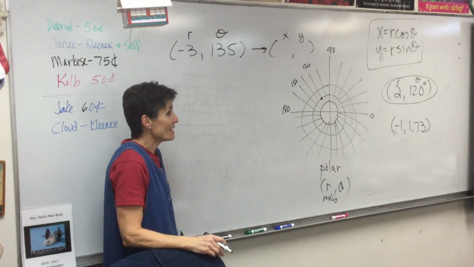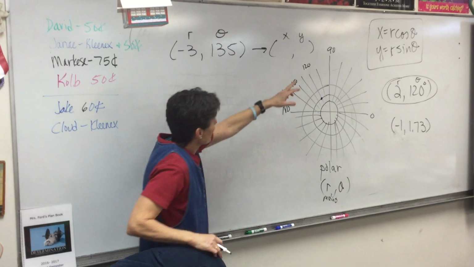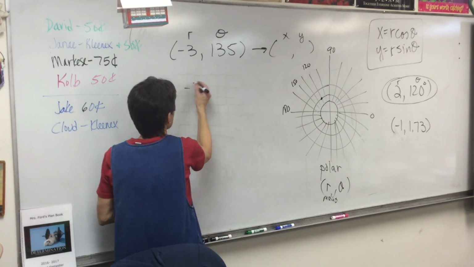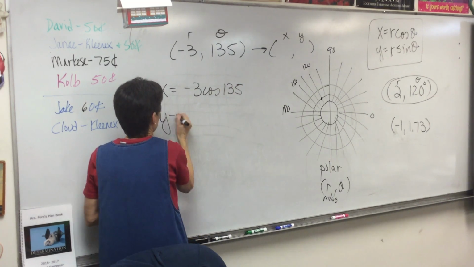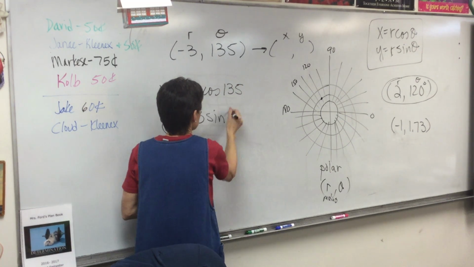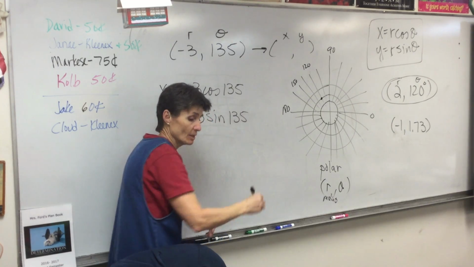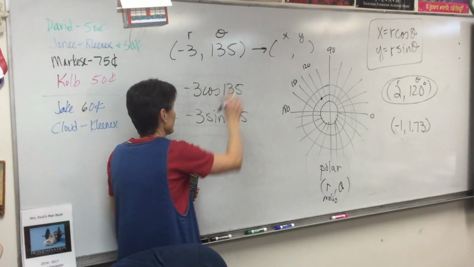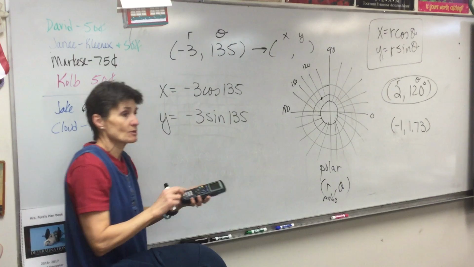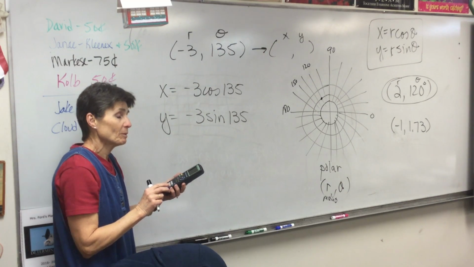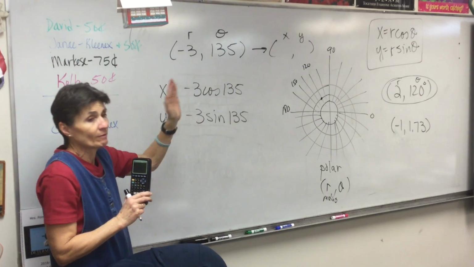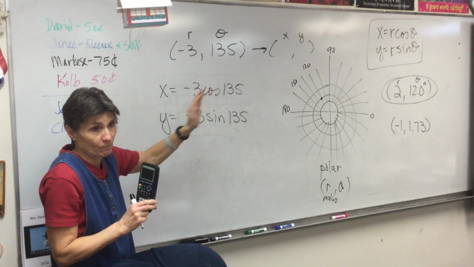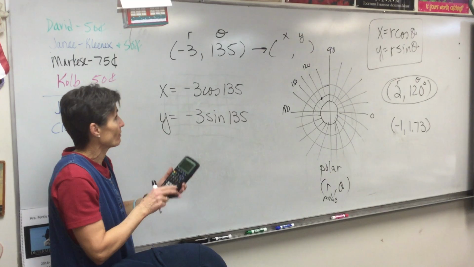You cannot mess this up. x will equal -3 cosine 135, and y equals -3 sine 135. We type it in our calculator, and we get our answer. We don't worry about pluses and minuses. The equations take care of it all. They're wonderful.